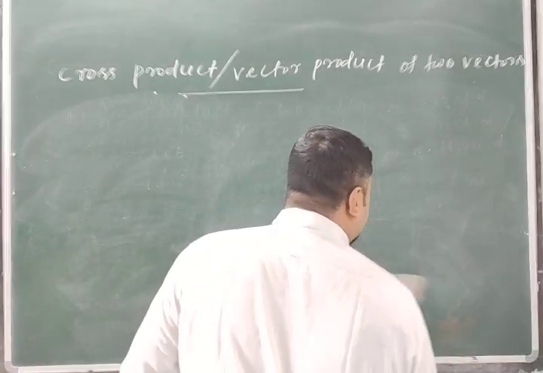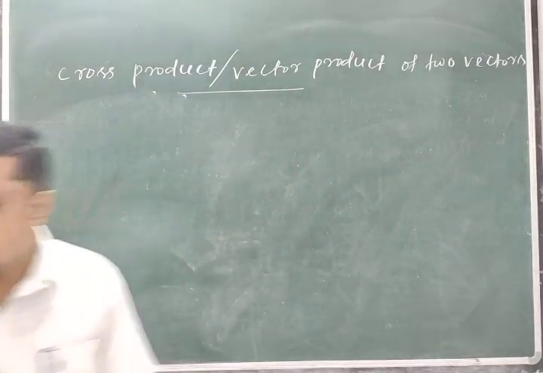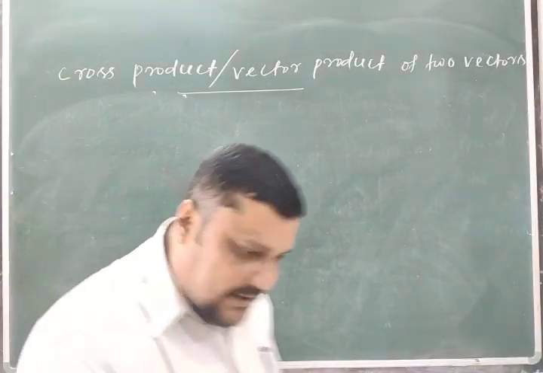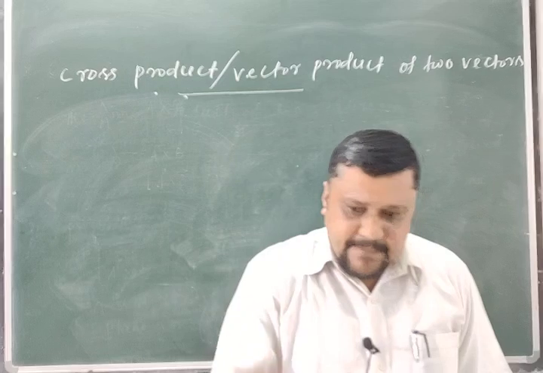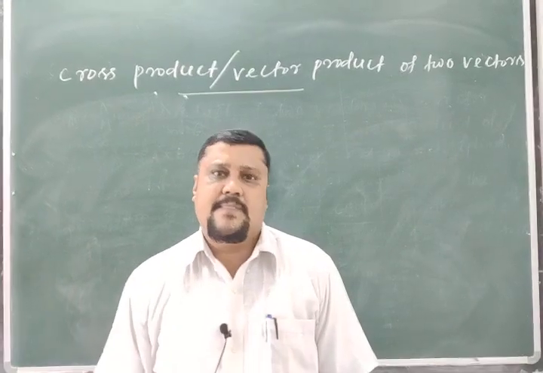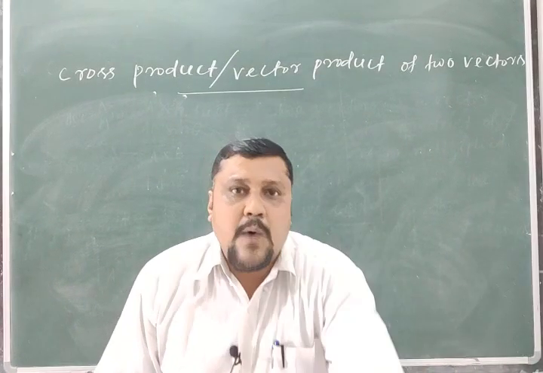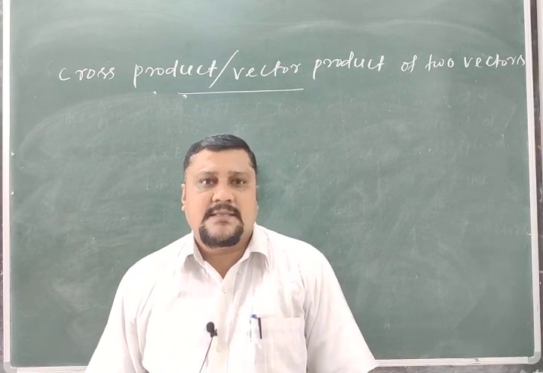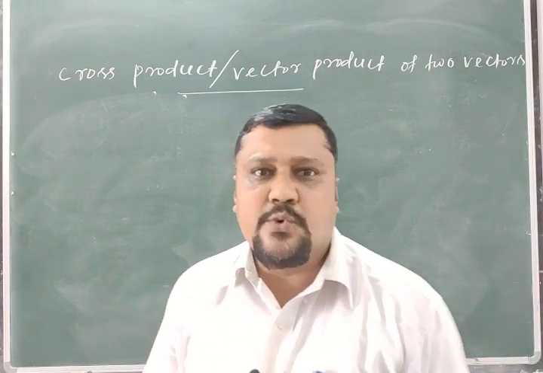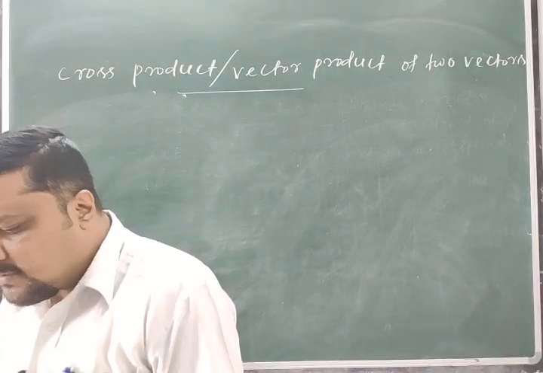Now you come to the sense of direction. C is a vector perpendicular to the plane containing A and B. That is clear. Whether it is upward or downward, that can be known by the right hand screw rule and right hand thumb rule.